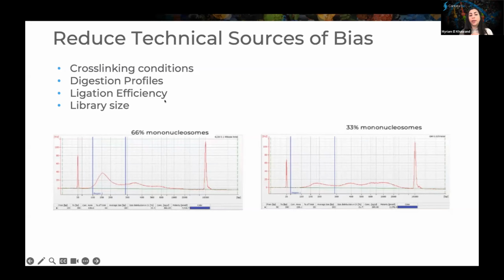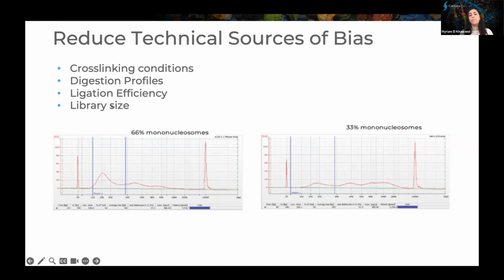Another thing that you can control is the ligation reaction. So the way you're setting up your reactions, respecting the incubation temperatures and the incubation times as set in the protocol, and using the same thing for all of your samples. And then the library size.